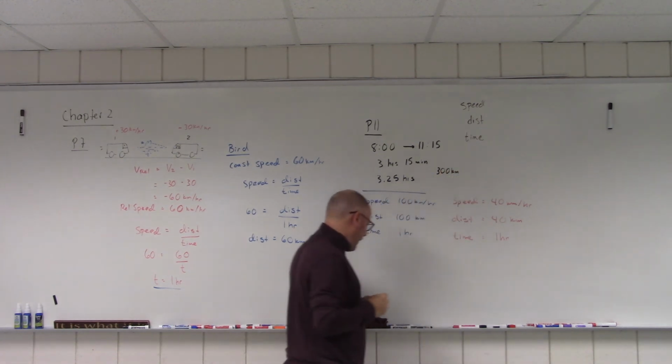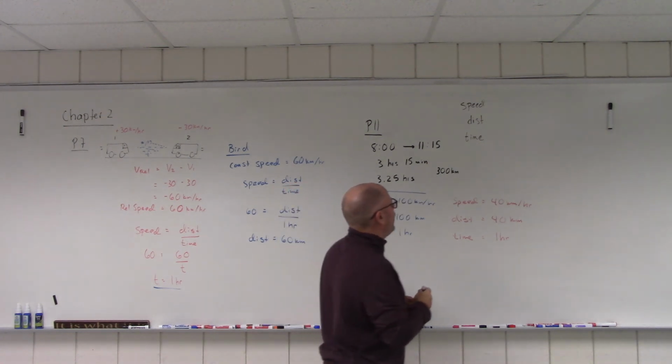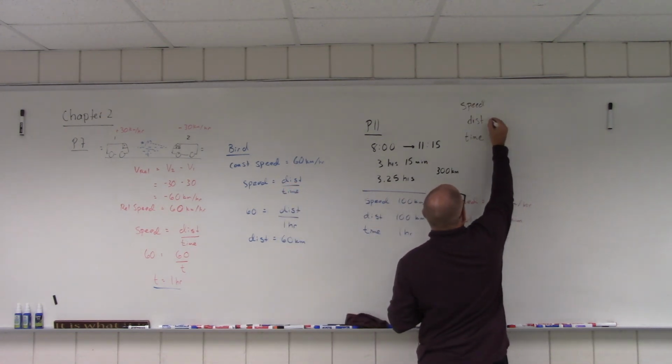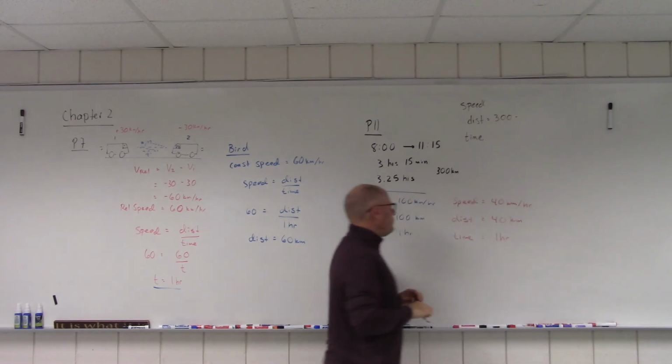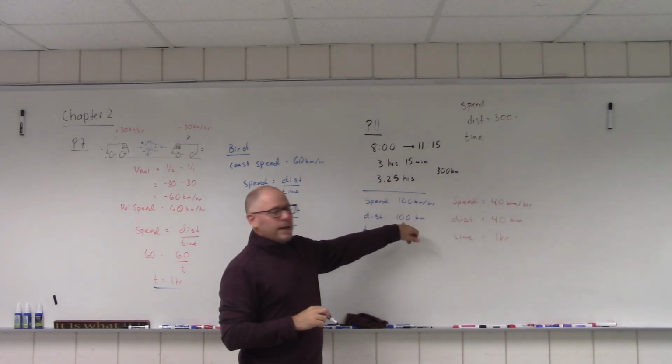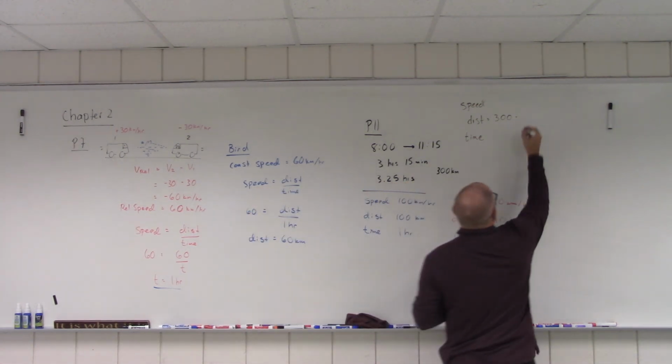All right, so last part. How much do you have left? Well, the distance you have left is your original 300 minus the 100 for this part of the trip, minus the 40 here.